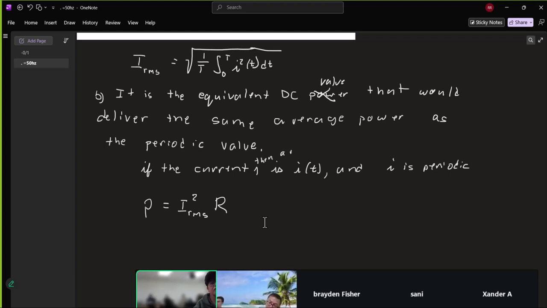The current through a resistor is I of t and I is periodic, and the power is I RMS squared R. And so that's the meaning of the root mean square. So it would be the equivalent DC current that would deliver the same power.